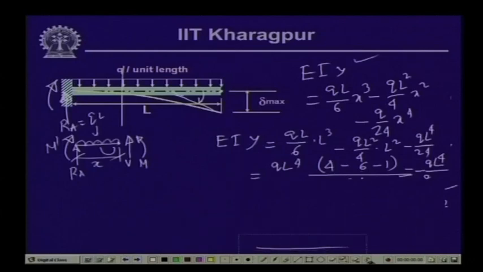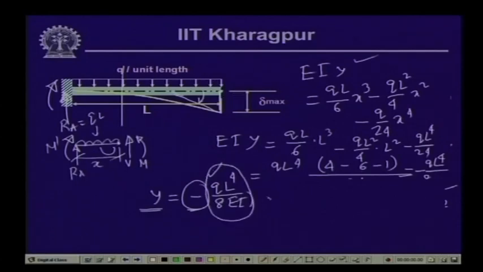So we get the value of y as minus qL⁴/8EI. Again, this minus sign indicates that it is in the opposite direction of the positive y, so it is deflecting downward. The magnitude of the deflection at the end, if we know the intensity q and the span length L, is qL⁴/8EI, the deflection at the tip point or at the free end.